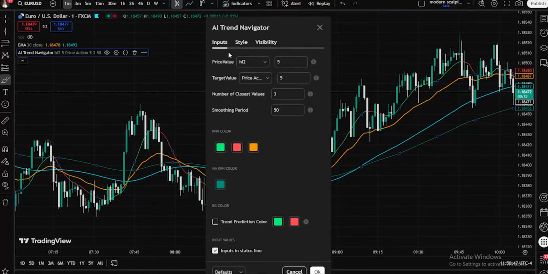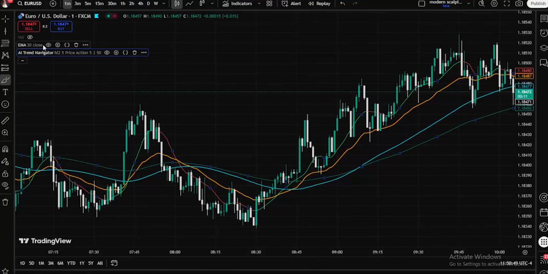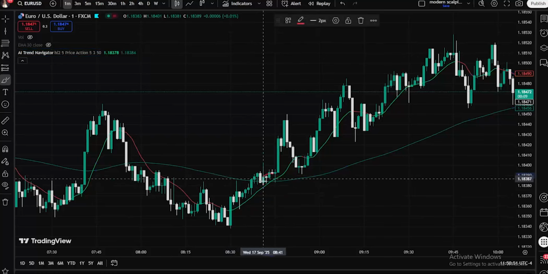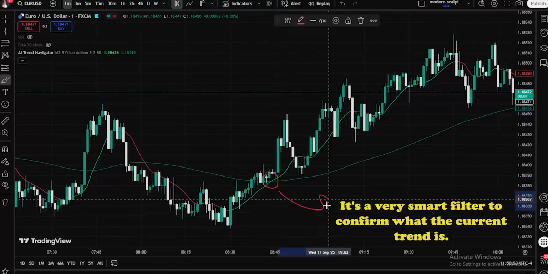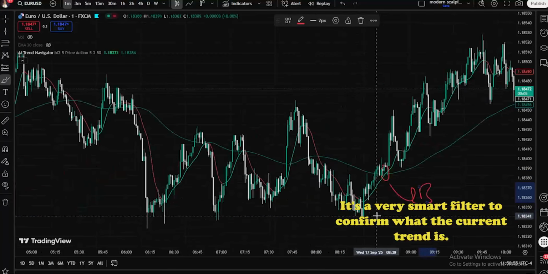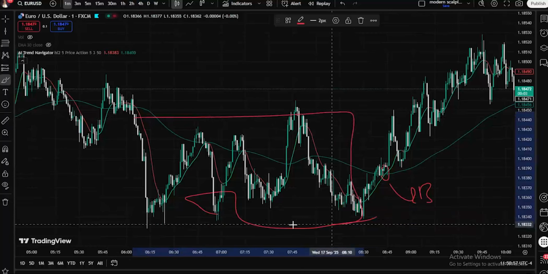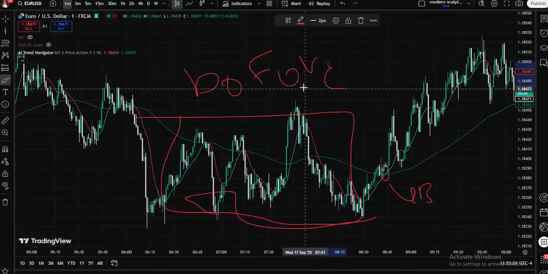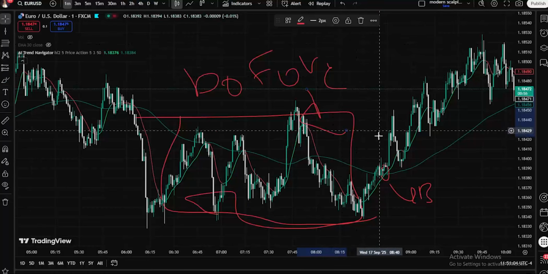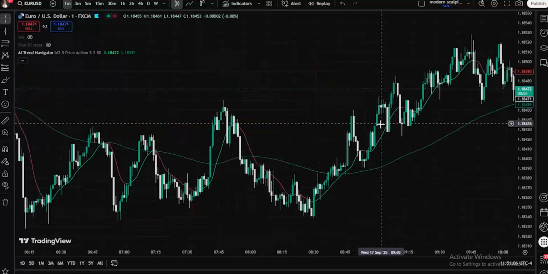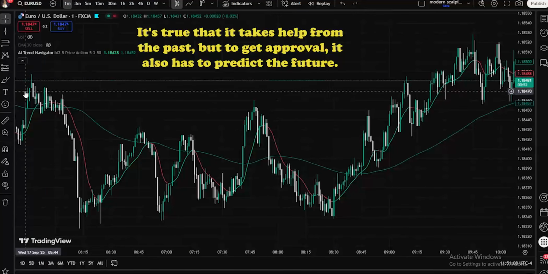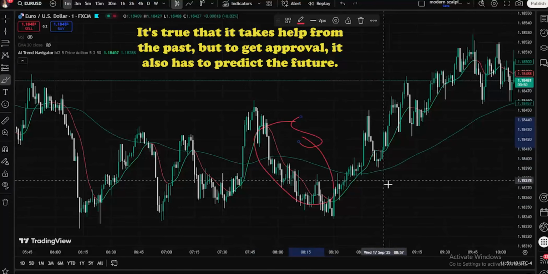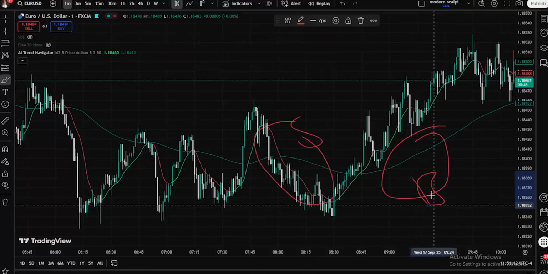AI Trend Navigator. But here the main difference begins. Most strategies end there. But we use a smart filter to prevent false signals. AI Trend Navigator is an indicator on TradingView that uses the K-nearest neighbors algorithm. This algorithm uses historical market data to analyze what the current situation is most similar to in the past and what direction the current trend is likely to go.